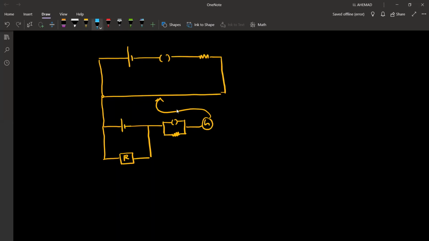So this is E naught, and let's say this is what we are going to find, E that has internal resistance r. Over here we have a switch.